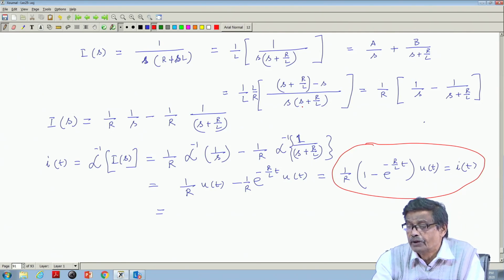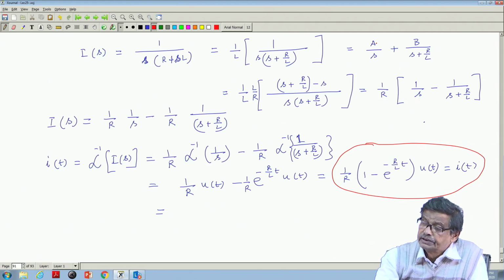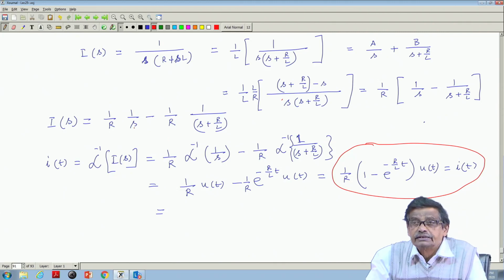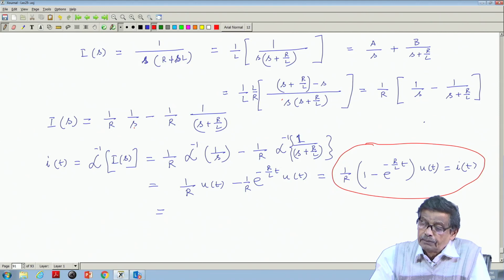In that form, you have to break these two terms. You can do it by partial fraction, but it is such a simple case that I did it mentally. So do it like this, then take Laplace inverse. Laplace inverse of 1 by s is a standard thing, unit step. Laplace inverse of 1 by s plus R by L is also standard, e to the power minus a t u(t).